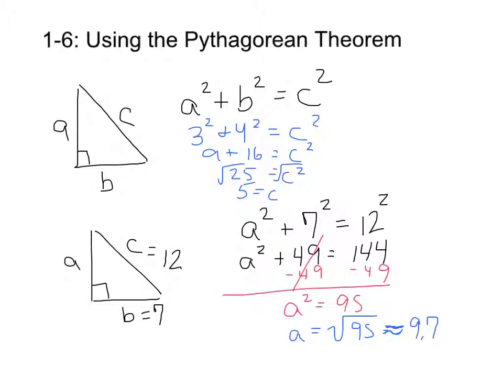It's a very similar process in that I substitute in what I have, but instead of being able to add the two numbers, I'm going to have to basically subtract the two numbers here. And then down here, just like up here, I'm going to have to take the square root. So that's basically what we're looking at today.